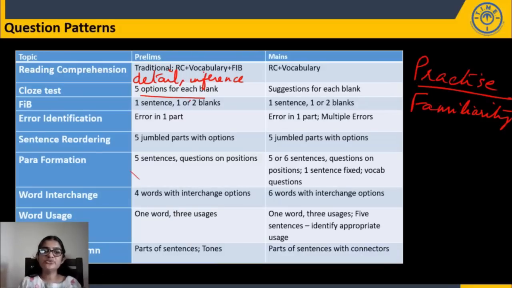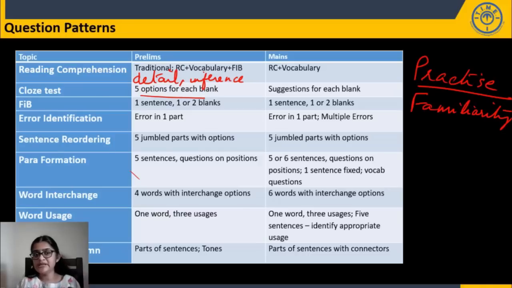So what typically students do is, okay, blank 1, what are the options given? These are the options. You take one option and you put it there. Now, this works in a typical fill in the blanks exercise, but remember, this is not your typical fill in the blank, right? In cloze test, overall logical coherence of the para is extremely important.